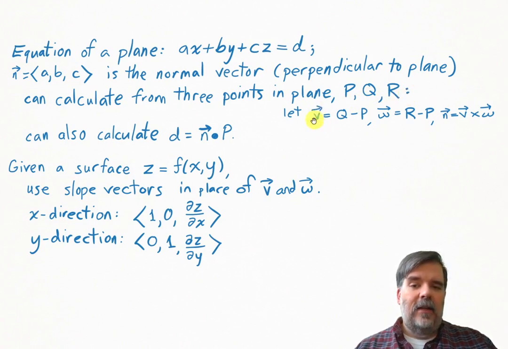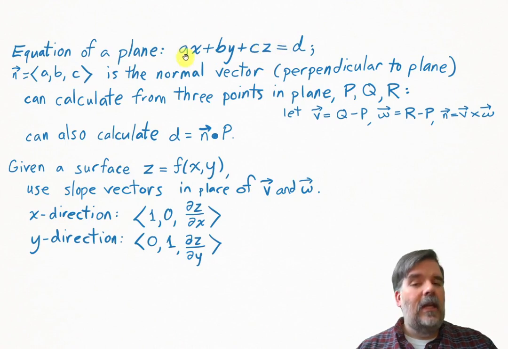So we could calculate vector V as point Q minus point P. Then vector W we could calculate as point R minus point P. And then the normal vector should be perpendicular to both of these vectors in the plane. So the normal vector n can be calculated as the cross product of v and w. That gives us the values of a, b, and c.